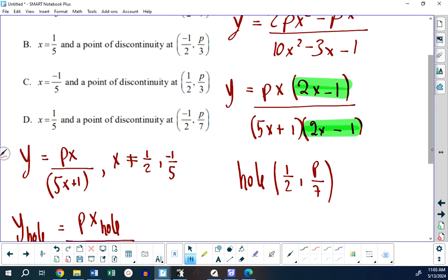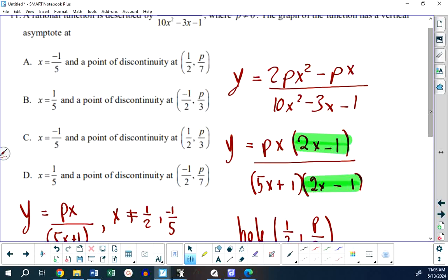Okay, so the hole is at 1/2 comma p over 7, which is A, and the vertical asymptote is at negative 1 over 5. You know, when I say you're going to get burned 2 or 3 times if you don't understand this y-coordinate thing, it may not be one of these complicated questions with A's and B's and P's and Q's and all that other stuff. Could be just find the y-coordinate of the hole.